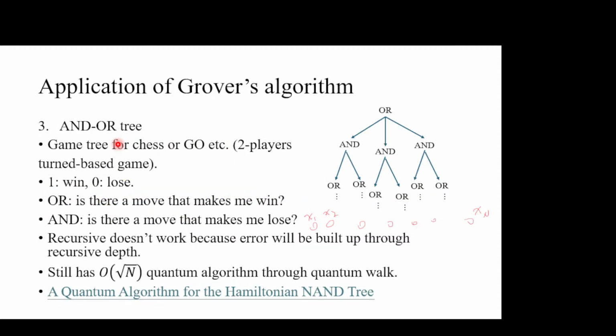But it turns out this AND-OR tree function is something you don't really compute every day, yet it's very useful because it corresponds to the game tree of many games, like chess or Go. Actually, any two-player turn-based game can be turned into an AND-OR tree.